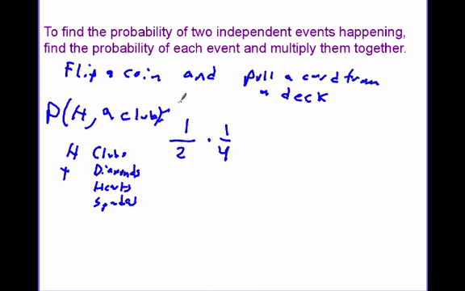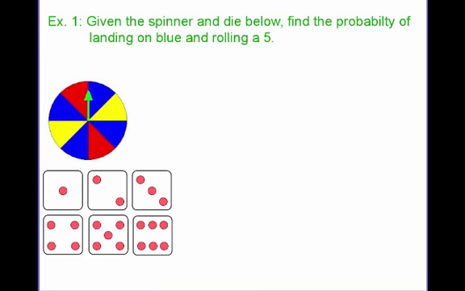This is the probability of heads, and this is the probability of club. To find my total probability, I just multiply those together. 1 times 1 is 1, 2 times 4 is 8, so my probability is 1/8. All I did is find the probability of each event, multiply them together, and that gave me my total probability.